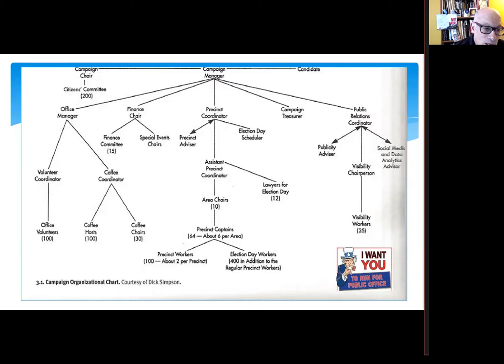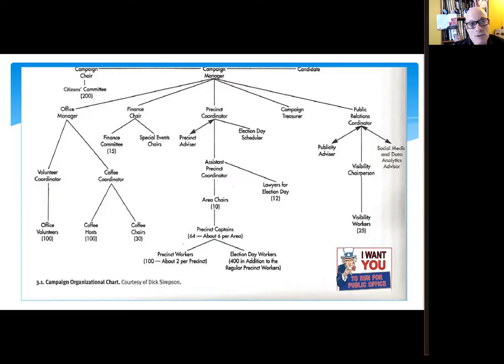Then you'll see something over there called coffee coordinator. This is a very common position in grassroots campaigning, and it simply means that when I am the candidate, I would like Luke to help me out by having a coffee at his house, which means that Luke will invite 10 people that he knows.